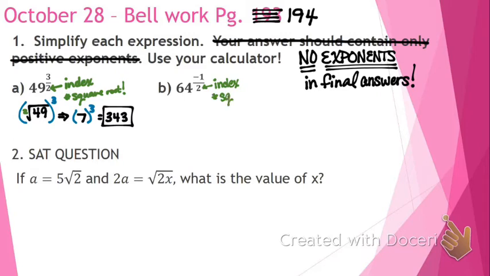Is there anything else that you notice that's interesting or unique about this particular fraction? There's a negative exponent. Are we allowed to have negative exponents? No, flip it. No negative exponents.